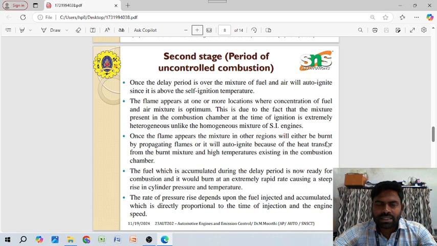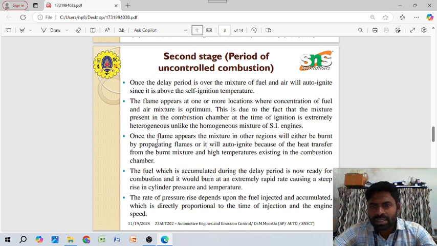The second stage, after the ignition delay period, is the period of uncontrolled combustion. Once the delay period is over, the mixture of fuel and air will auto-ignite, since it is above the self-ignition temperature. The flame appears at one or more locations where the concentration of the fuel-air mixture is optimum.